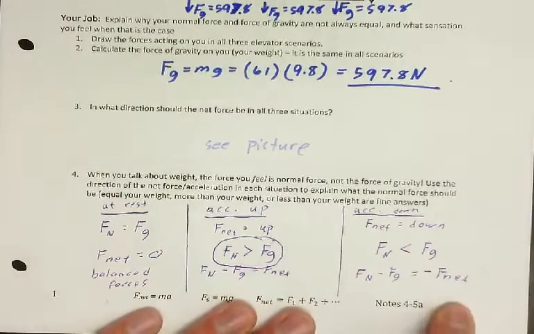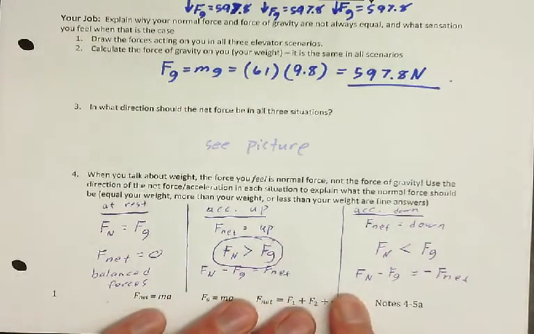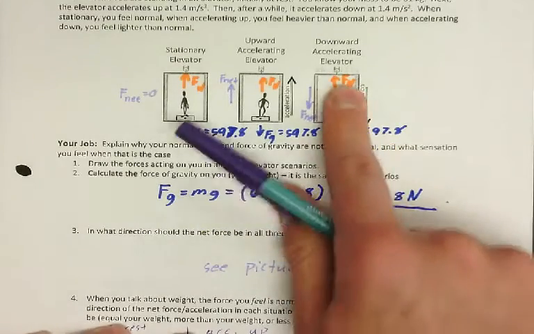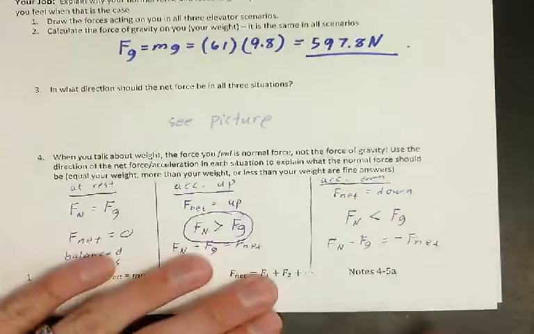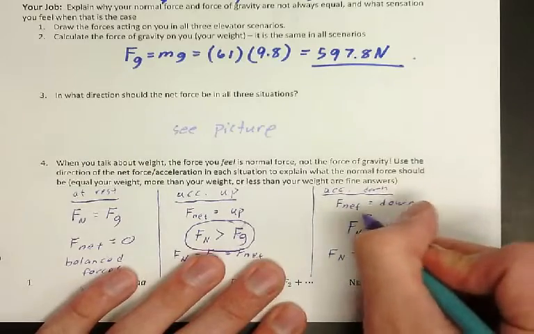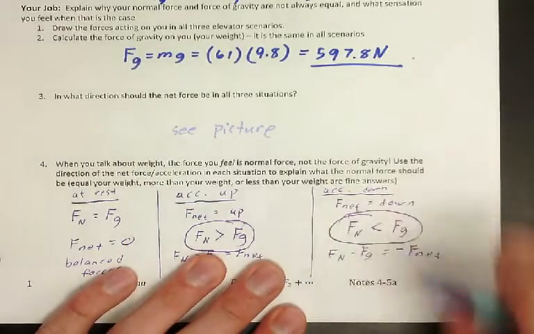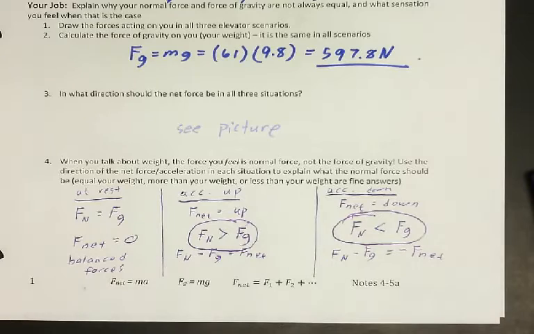So we need to have more down force than up force. I can't change gravity. It's always 597.8. So the up force has to be less. So there's going to be less normal force up than gravity force down, and that'll make you feel lighter. If you've ever been in an elevator that accelerates down, you've noticed that before. You feel lighter on the way down.